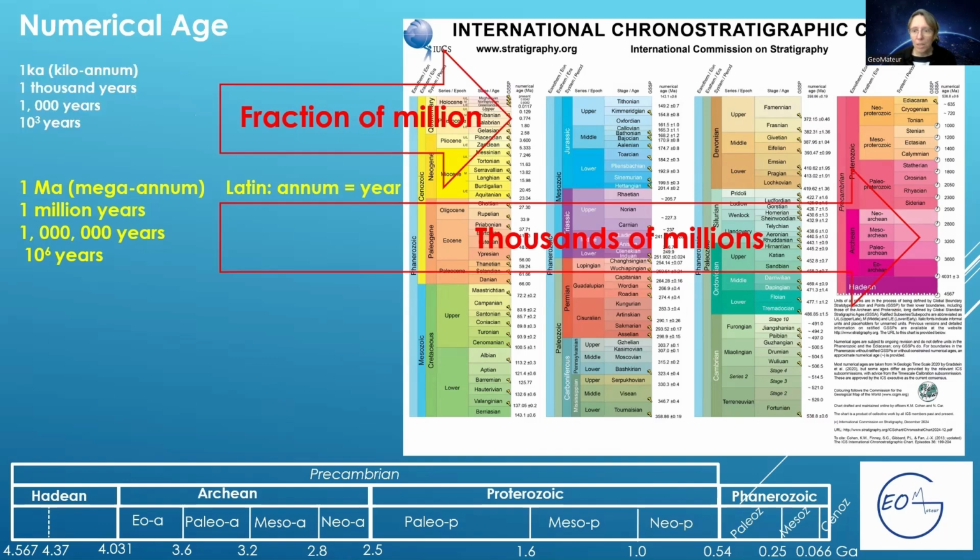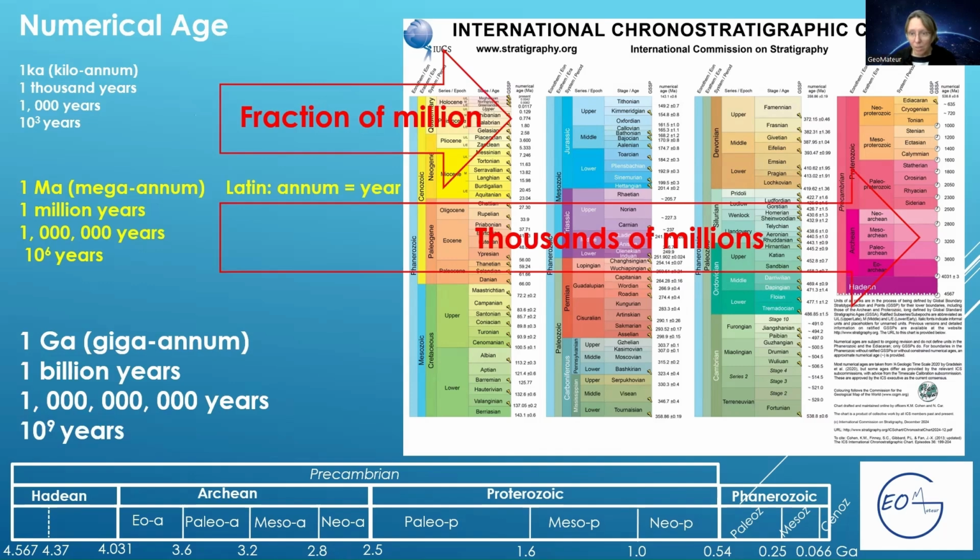The fraction of million means thousands of years and sometimes is called kiloannum. The thousands of millions means billions of years and sometimes is called gigaannum. And on my linear scale, you can see that the age is given in gigaannum.